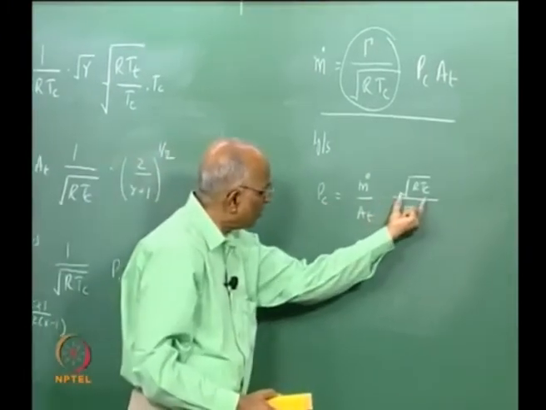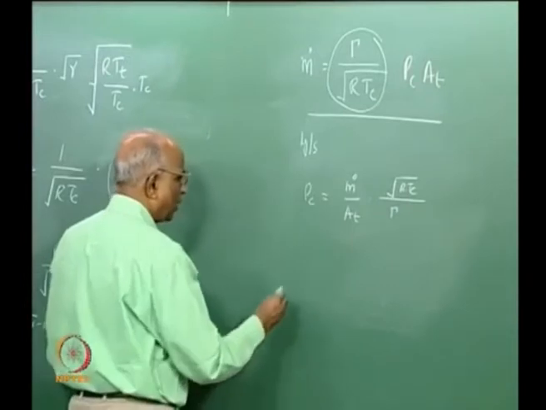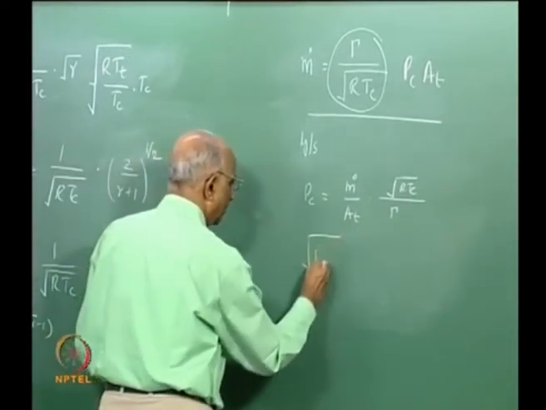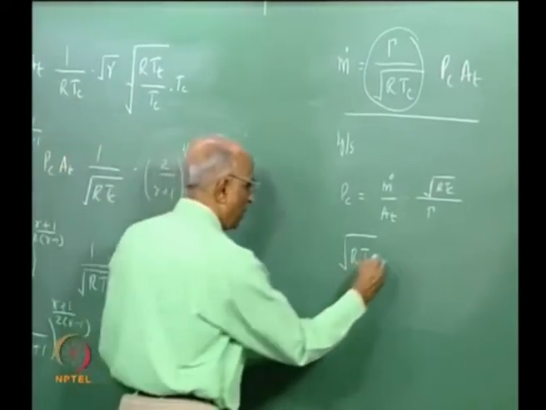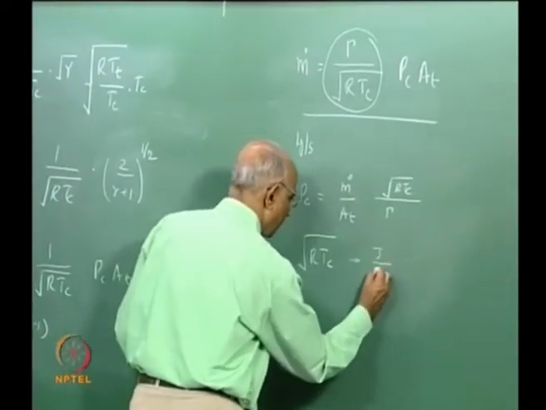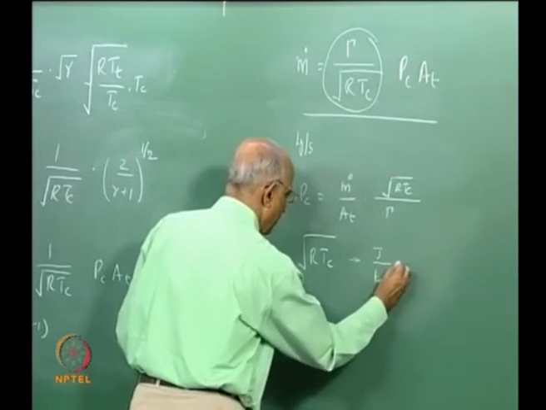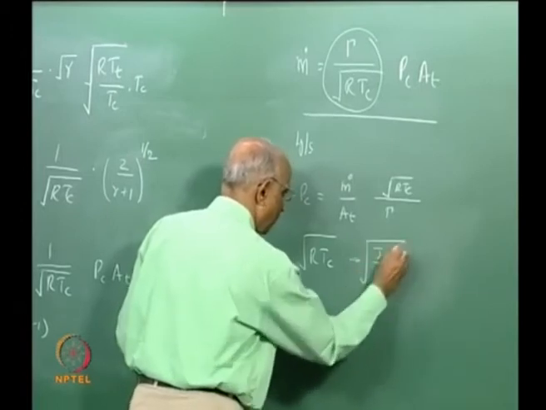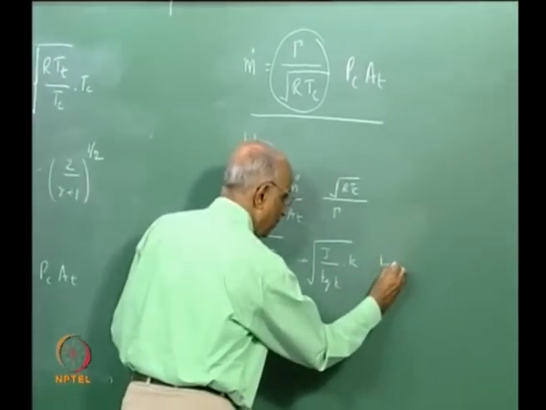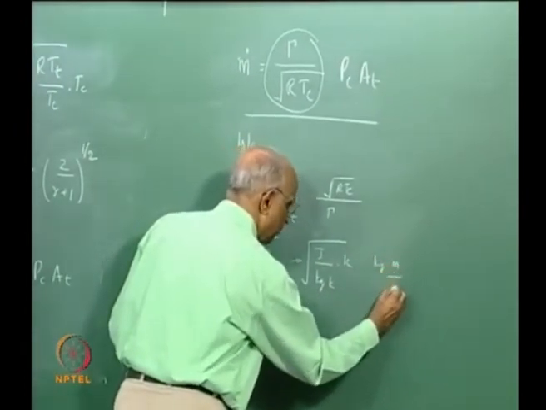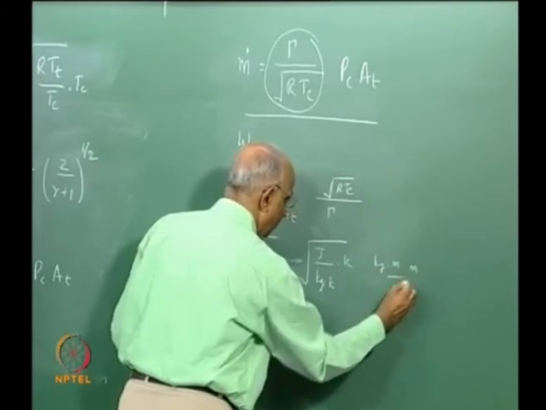And what is the value? Let us see the unit of under root RTC. What is the unit of RTC? Joule per kilogram Kelvin into Kelvin, under root. Joule is Newton meter, and Newton meter is kilogram meter per second square into meter.